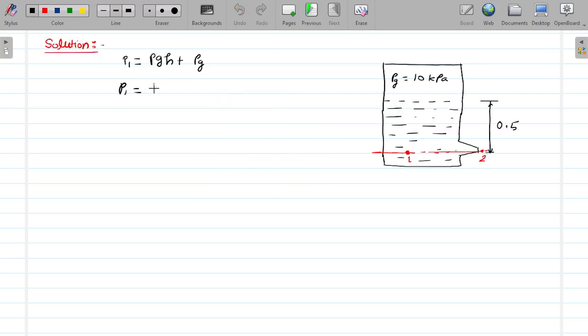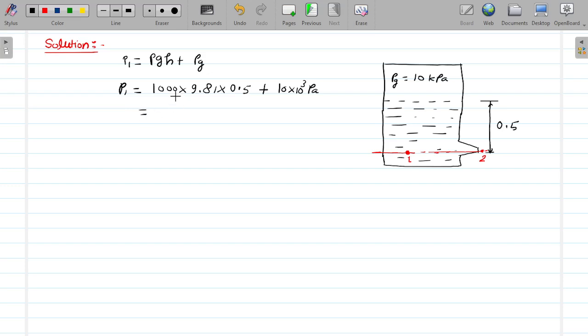So substitute 1000 multiplied by g, 9.81, multiplied by h, the height of water. So height of water is 0.5, plus the gauge pressure of gas, which is given as 10 kilopascal, so 10 to the power 3 pascal.